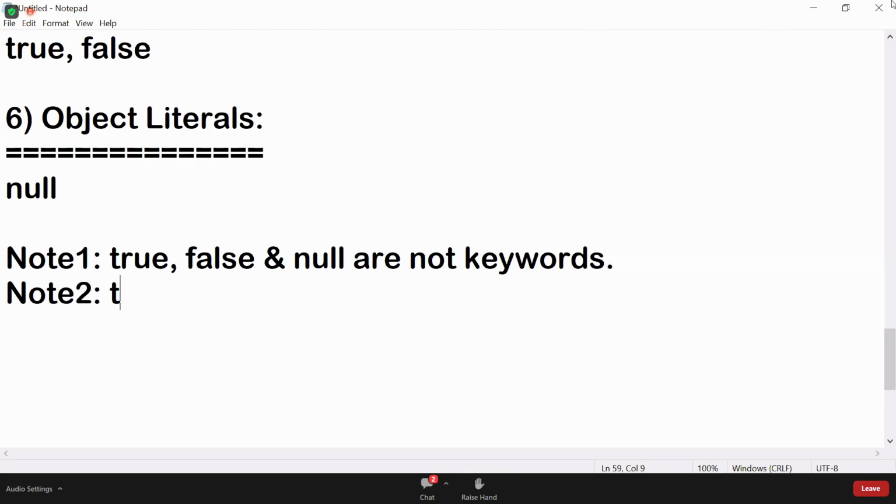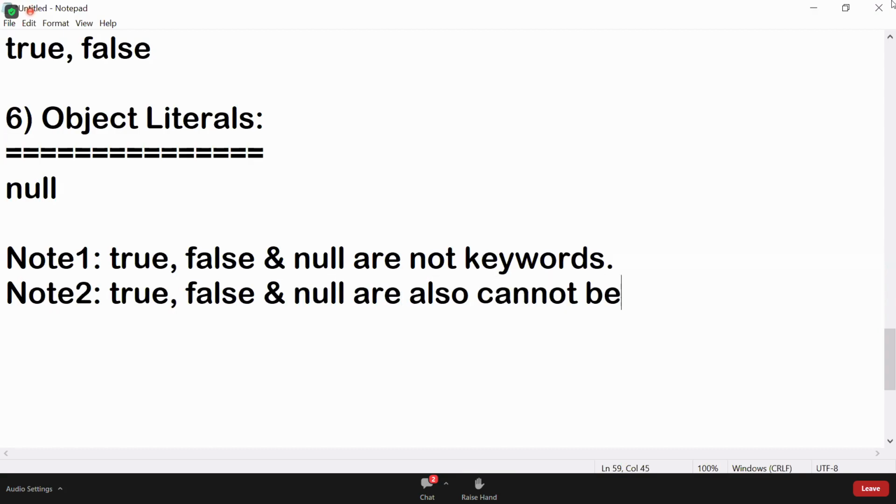Note 2: true, false, and null also cannot be used as an identifier.